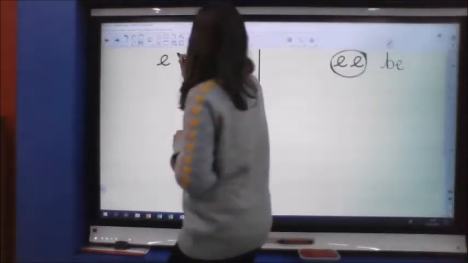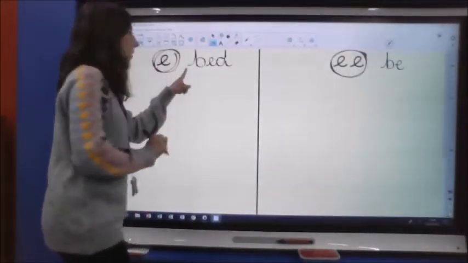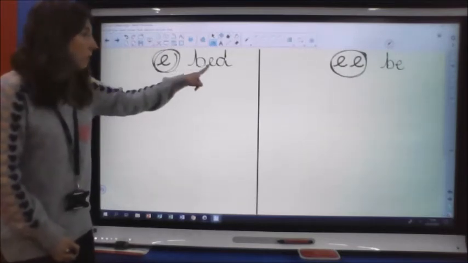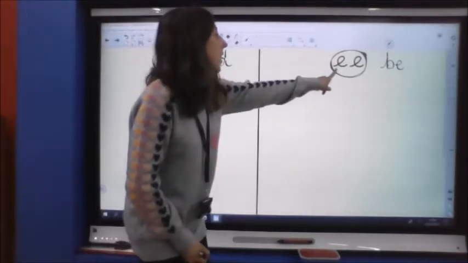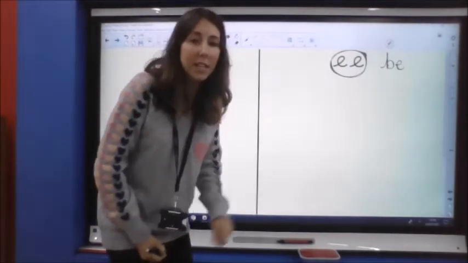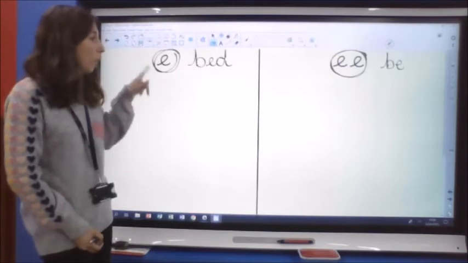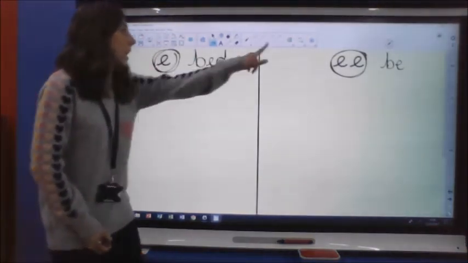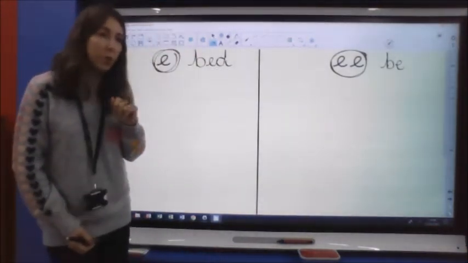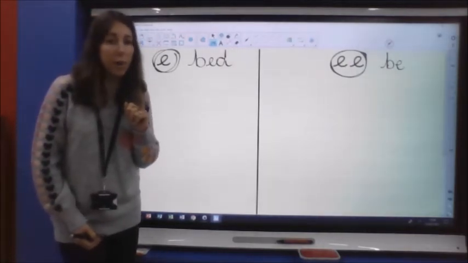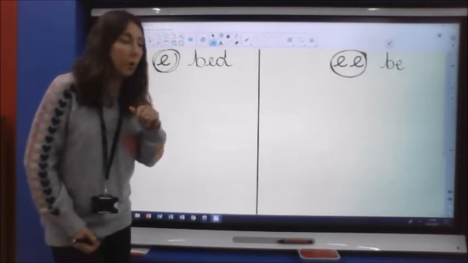So it's still just an E on its own, but this half is for if the E makes the short sound like bed, and this side is for if the E makes the long E sound like in be. So have a go at that, split it up and write the sounds at the top, and then I'm going to show you some for you to sort and write in the right places. Okay, are we ready?